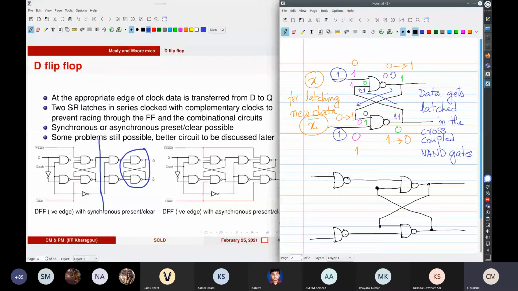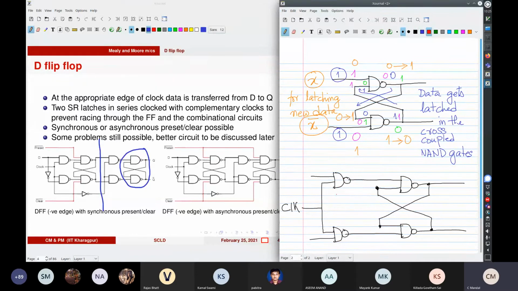And here, let us say that we apply the clock. So you have already seen the operation of this gate.